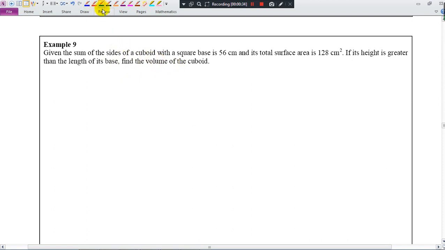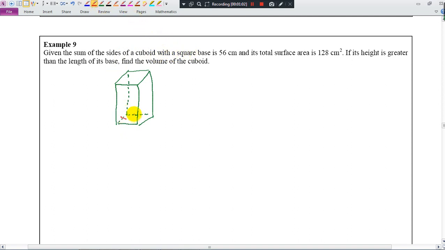Okay, so basically, here you have a cuboid. You can start to sketch a cuboid first. When you see the cuboid, when you see the diagram, it's actually easier for you to solve the question. Okay, now I have a cuboid. This cuboid has a square base.